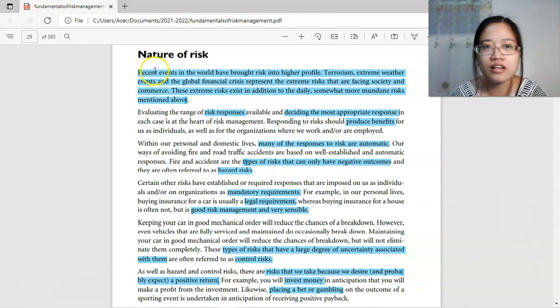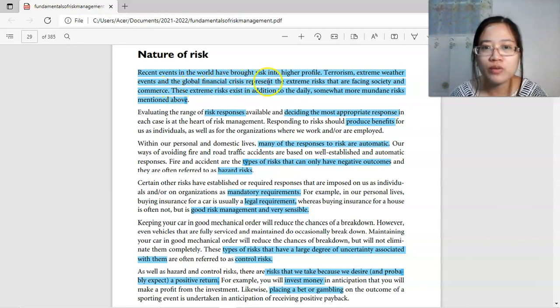Nature of risk. Recent events in the world have brought risk into higher profile. You have your terrorism, extreme weather events. Diba, pag bumabagyo, minsan affected din ang premises din, nasisira ang building, or, pinapasok ng putik, pinapasok ng tubig, or kung ano man. Minsan basura, okay, nagkalat, tinanod ng baha, papunta sa business premises, ganyan.